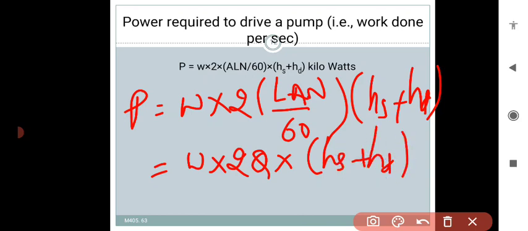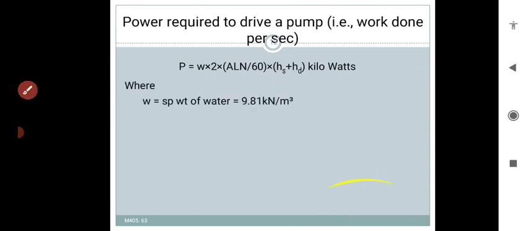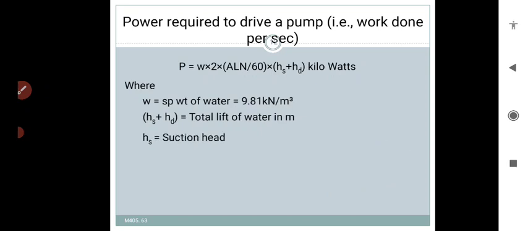This is the power required to drive the pump, that is the work done per second. Where W is the specific weight of water, equal to 9.81 kilonewton per meter cube, HS is the suction head and HD is the delivery head. HS plus HD is equal to the total lift of water in meter.